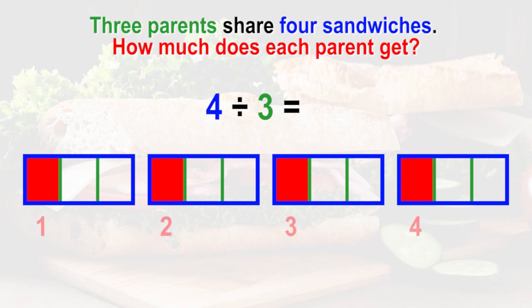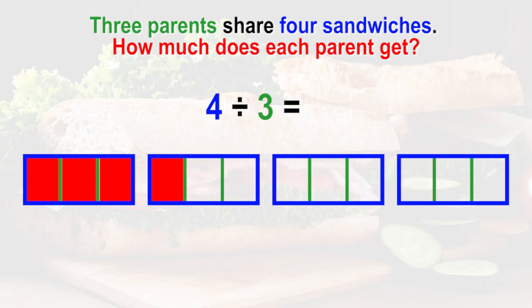There are a total of 4 sections shaded. To better see the amount each adult gets, group the 4 shaded sections together. It is now clear to see that each adult gets 4 out of 3 sections in a sandwich, or they get 1 whole sandwich and 1/3 of a sandwich, which is equivalent to 4/3.